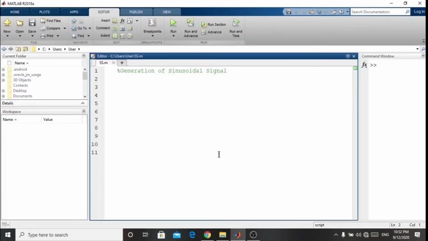Next, let's produce the sinusoidal signal in continuous time domain. The generation of sinusoidal signal in continuous time domain is similar to that of the generation of sinusoidal signal in a discrete time domain. But the difference is that here the spacing of the x-axis is to be reduced, and we want to use plot command instead of stem command.